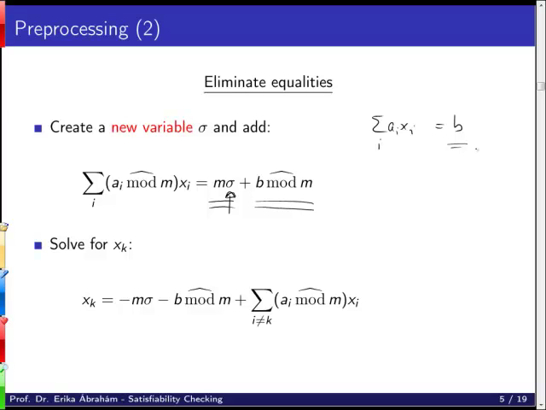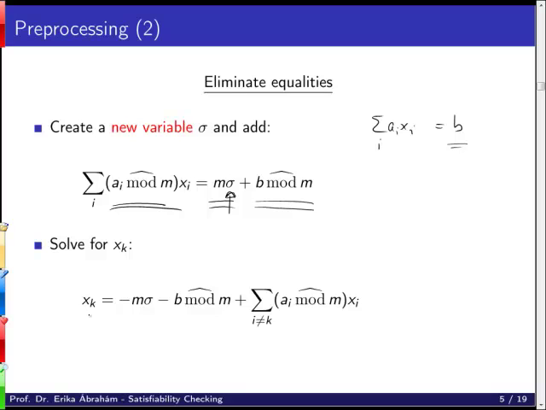And we said in the previous slide that if I take m to be one of the coefficients aᵢ plus 1, then one of these modulos will be minus 1. So I can use this equation to eliminate one of the variables. In this example, this was xₖ. So what we do now is we introduce a new equation. If I had n equations, I still have n equations, but I have a new one.